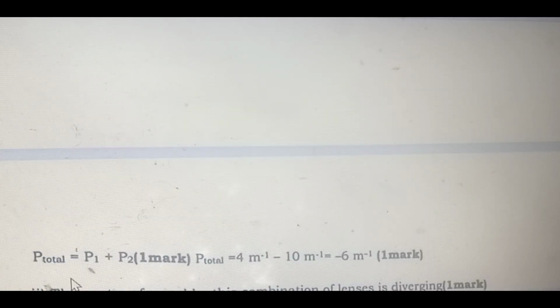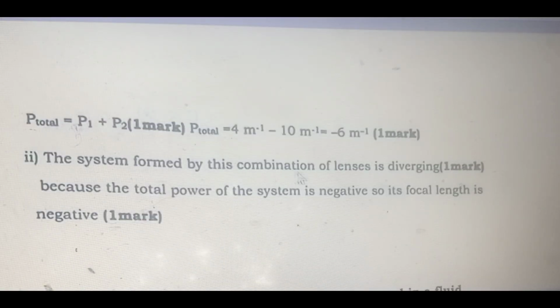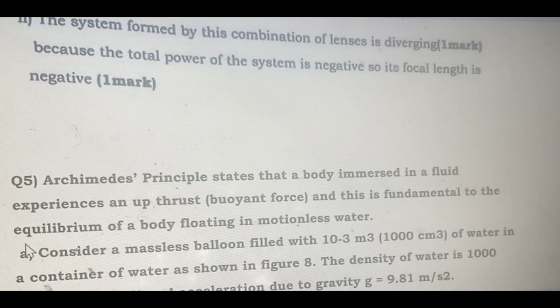And the total power, or power of the combination, power 1 of the converging lens plus power 2 of the diverging lens, is negative 6 per meter. This means the combination is diverging. The system formed by this combination is diverging because the total power of the system is negative, so its focal length is negative.